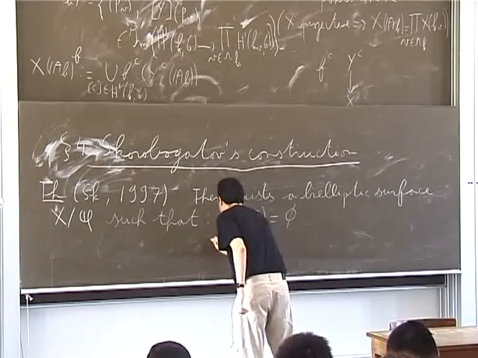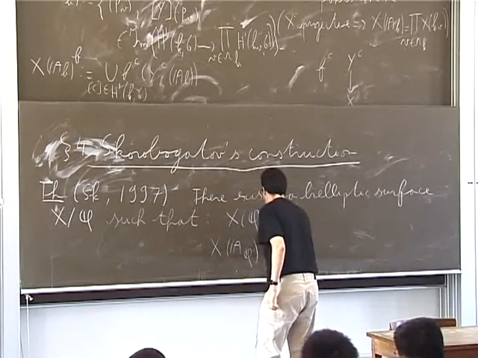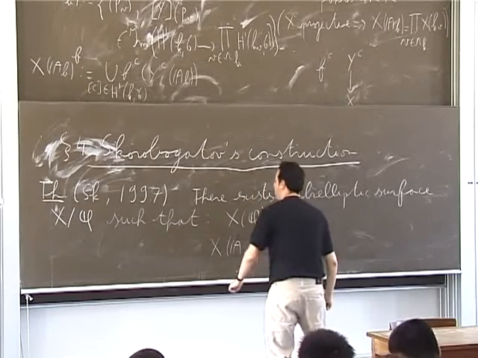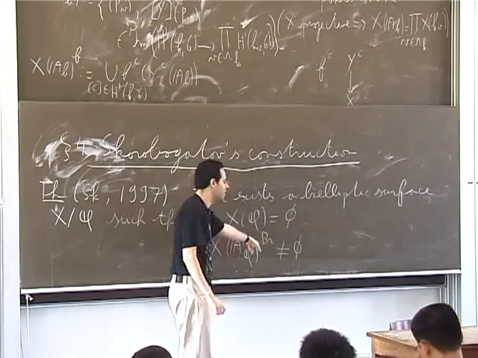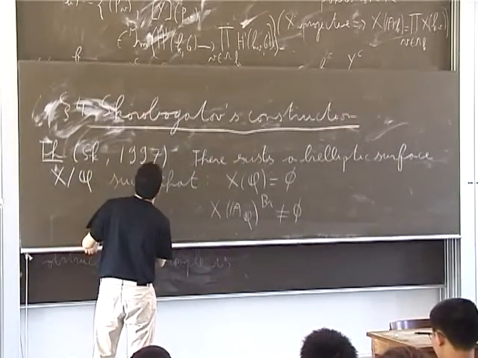So I'm going to write this: X of A_Q to the power BR is not empty. So this is the set of adelic points satisfying the Brauer-Manin conditions. So I'm going to write this down explicitly.